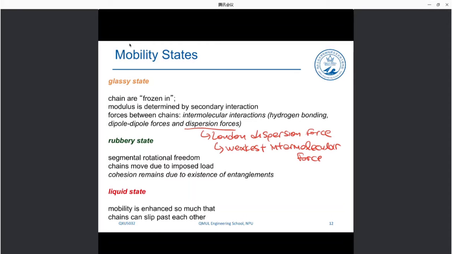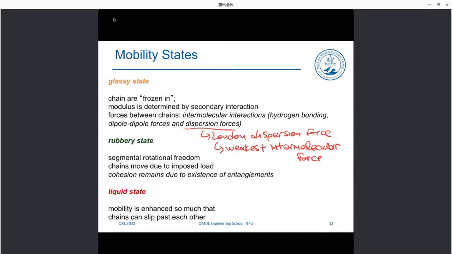That's why sometimes the London dispersion force is also called induced dipole attraction. Not too important for the concept of this course.